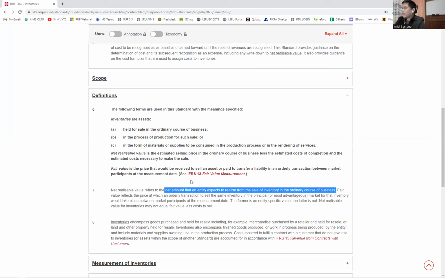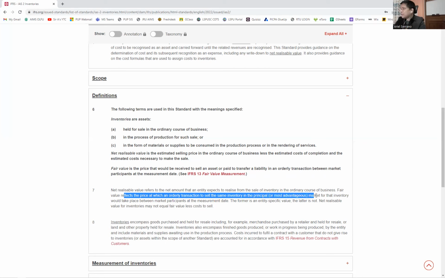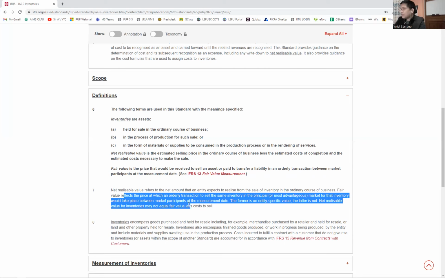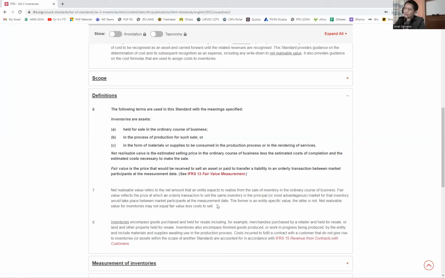Okay? Whereas when we are referring to the fair value, ito naman reflects the price at which an orderly transaction to sell the same inventory in the principal or most advantageous market for that inventory would take place between market participants at the measurement date. Okay? So, I hope somehow you have an idea of what these terminologies are all about.